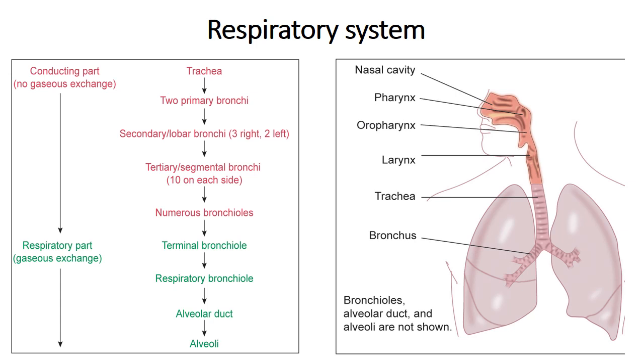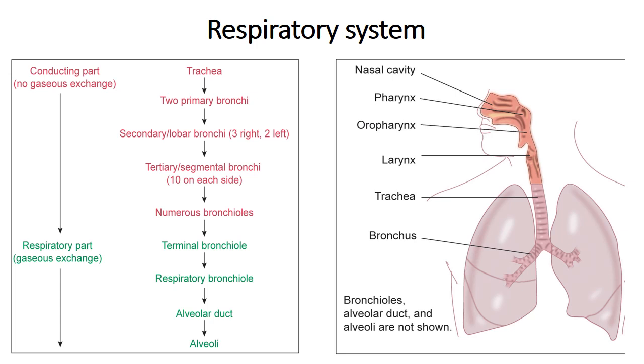Conducting portion transports the air but it does not participate in gaseous exchange and it consists of nasal cavity, pharynx, larynx, trachea, bronchi and bronchiole up to terminal bronchiole, means the conducting portion extends from nasal cavity to terminal bronchiole and its function is to transport air but it does not participate in gaseous exchange.